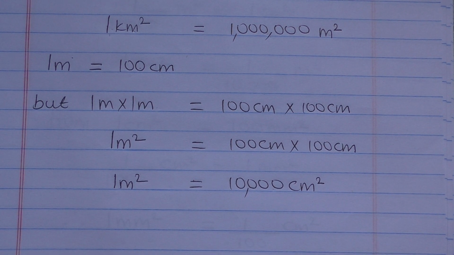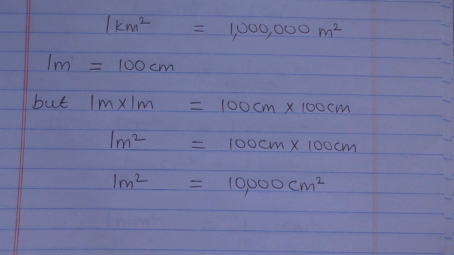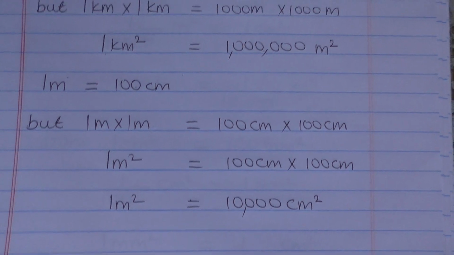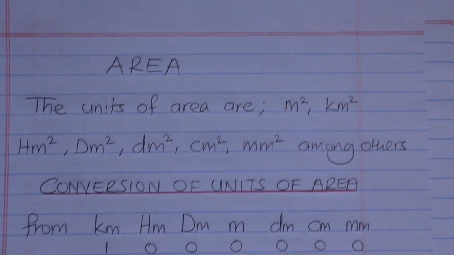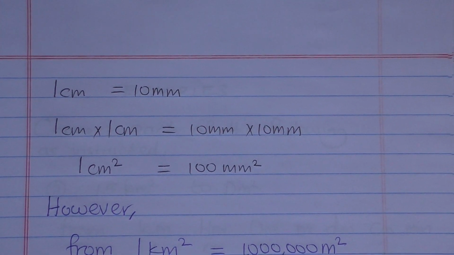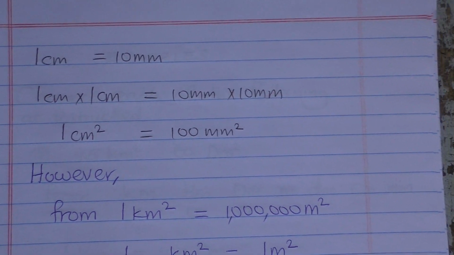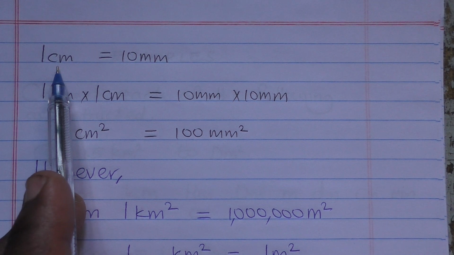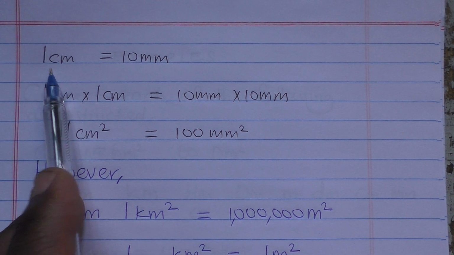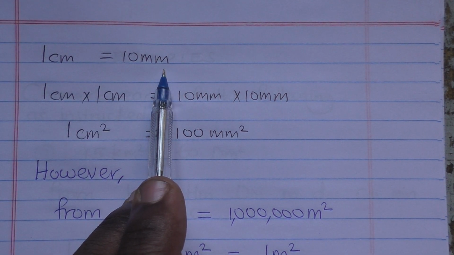And therefore, we can convert from one square unit to another square unit. But before we look at examples, let us continue. We also look at how we square both sides for centimeters and millimeters.